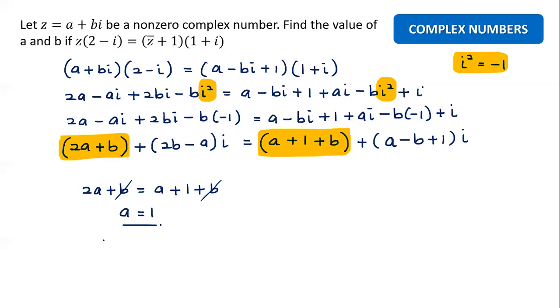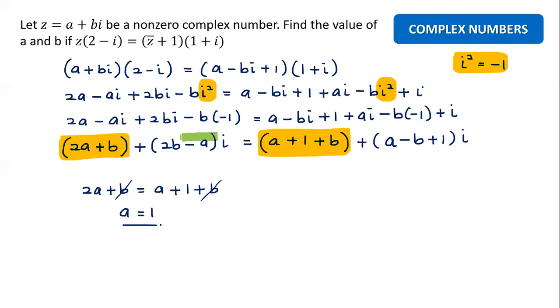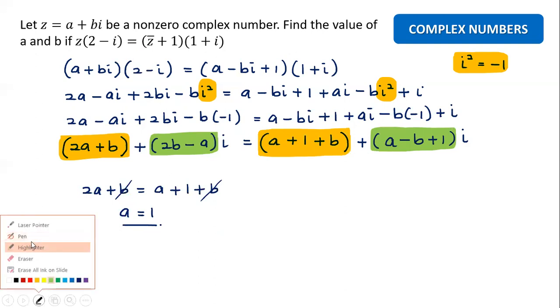Understand? Then after that, we move on to the imaginary part. The value in front of the I on this side should equal the value on the other side. Let us solve this.